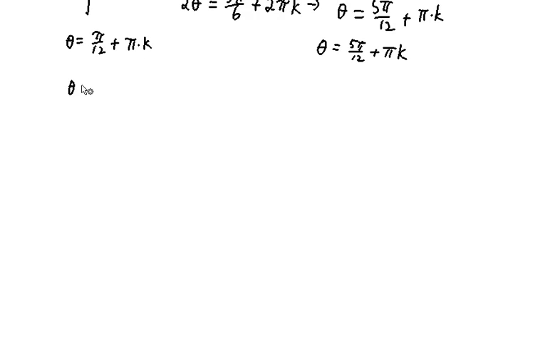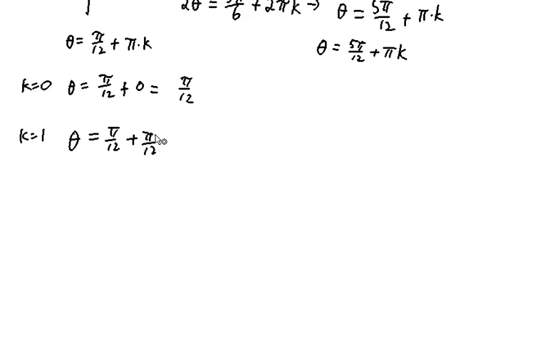When k is 0, theta is going to be pi over 12. If k is 1, that's going to be pi over 12 plus pi. If I multiply that times 12 over 12, I get 13 pi over 12, right? So here I have two answers.